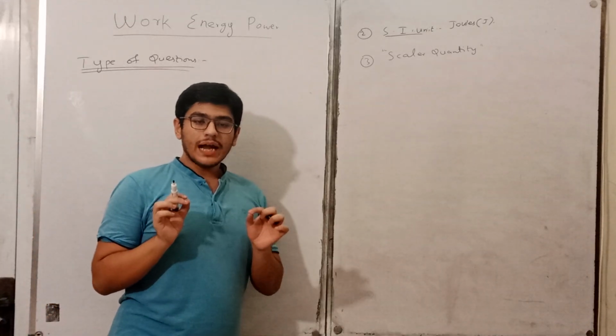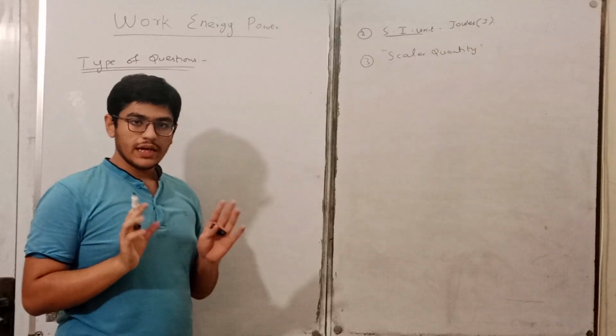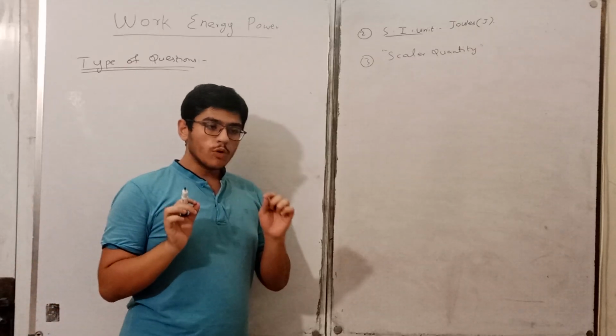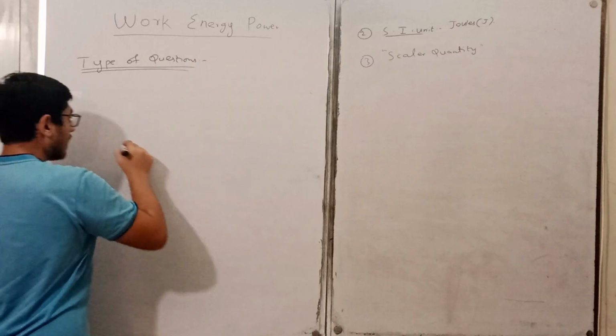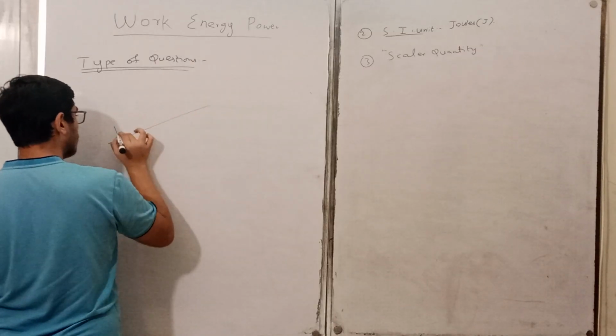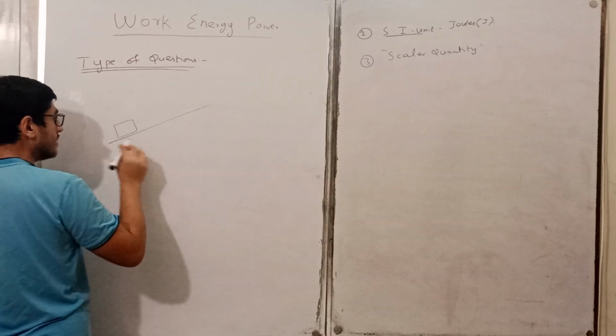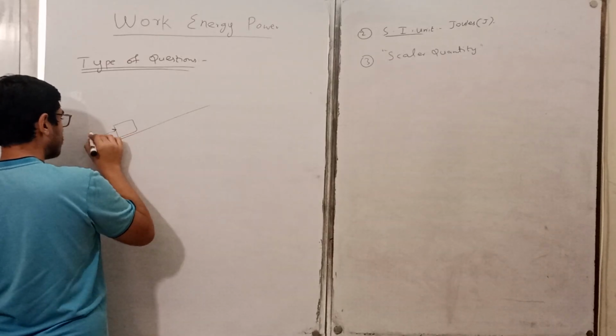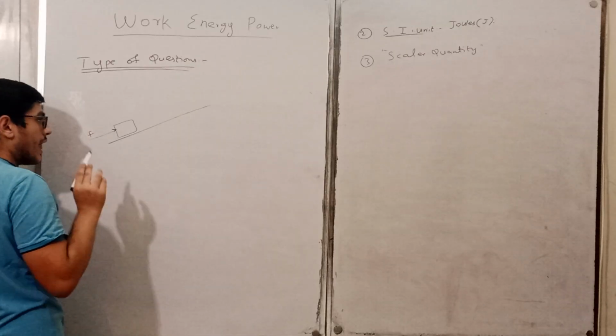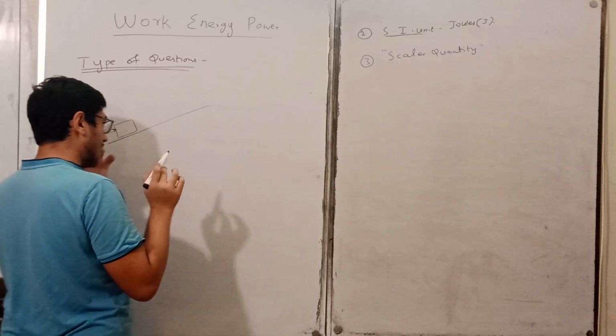Always remember that if a diagram is given in the question of work done, mostly it will be given like this, that a body or an object is moving up an inclined plane with a certain force, and it covers three types of displacement.